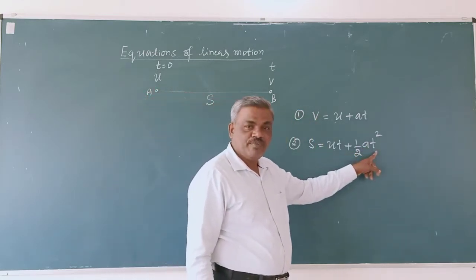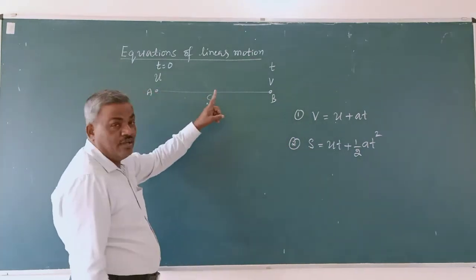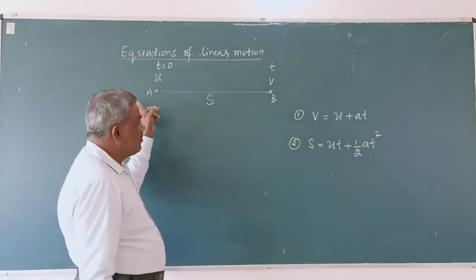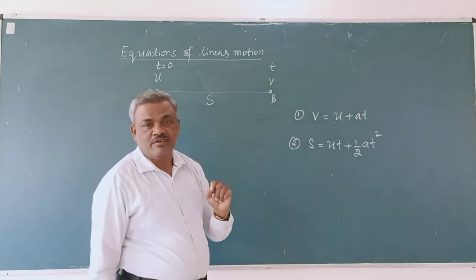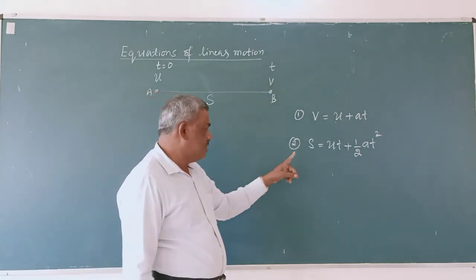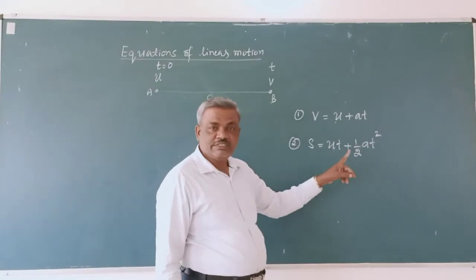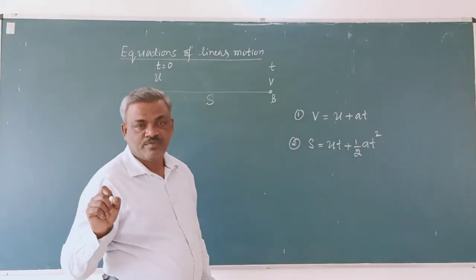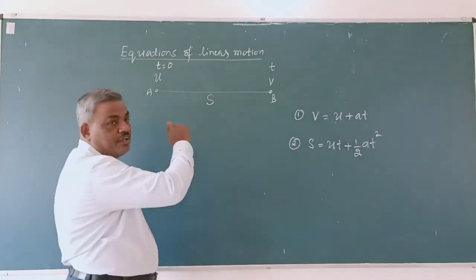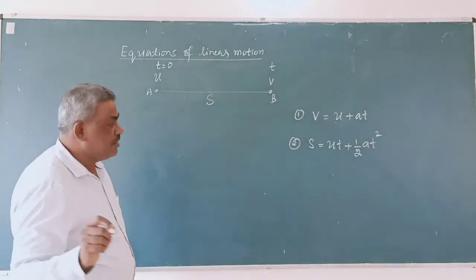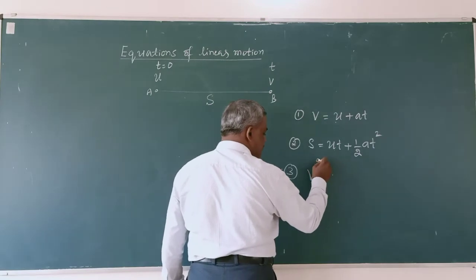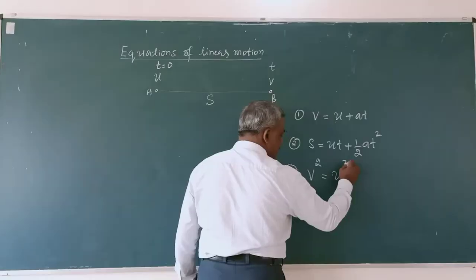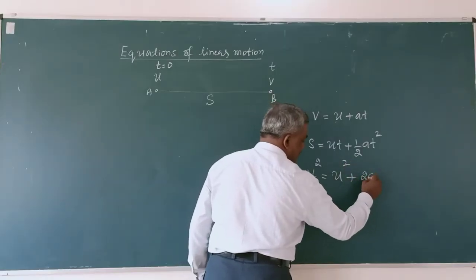And t is the time taken for the body to move from A to B, in seconds. So the second equation of motion is S equals u t plus half a t square. And the third kinematic equation, or equation of linear motion, is V square equals U square plus 2 a S.